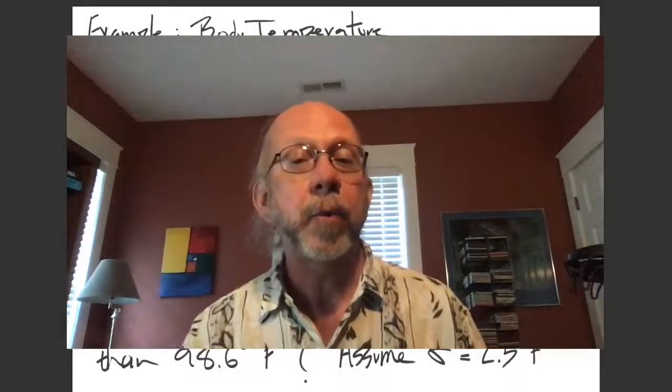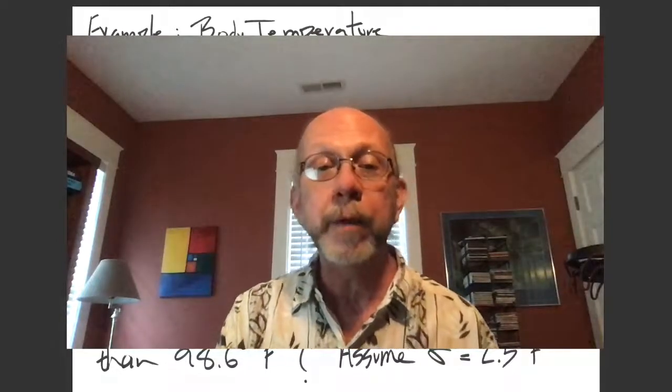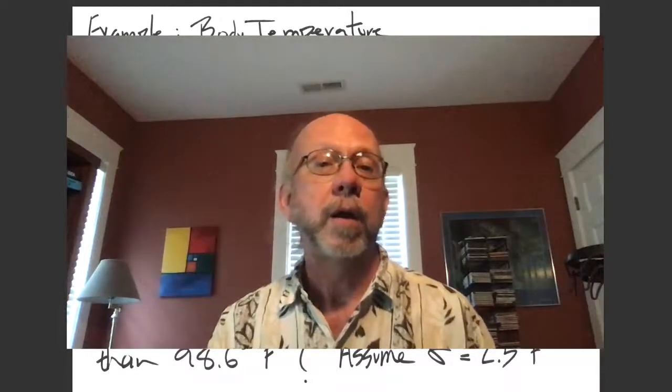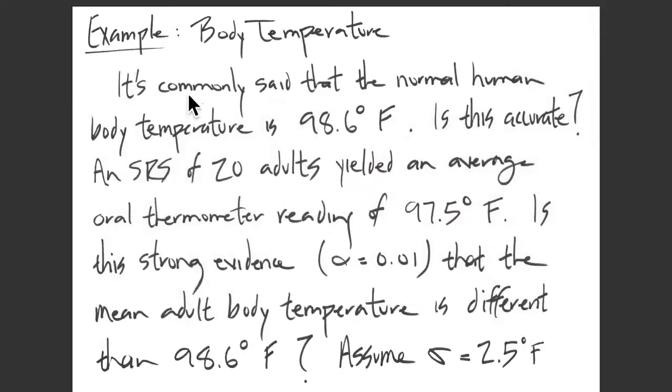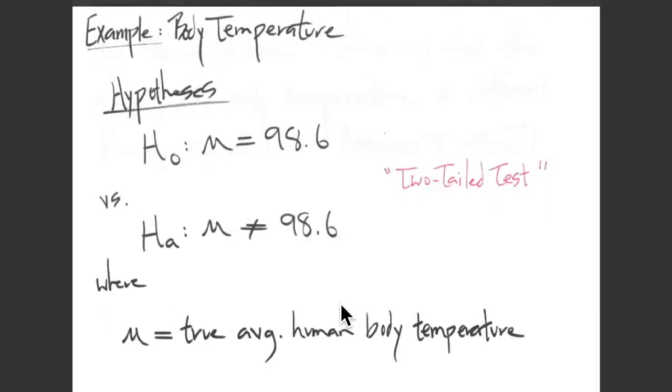As I said, our previous examples were one-sided because we were asking, is the mean weight bigger than 172? Or is the mean tip amount less than 20%? Now we're just asking, is the mean different than 98.6? And so that leads to a different form for the alternative hypothesis, and you see it here.